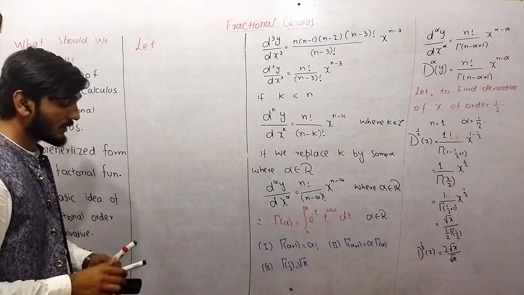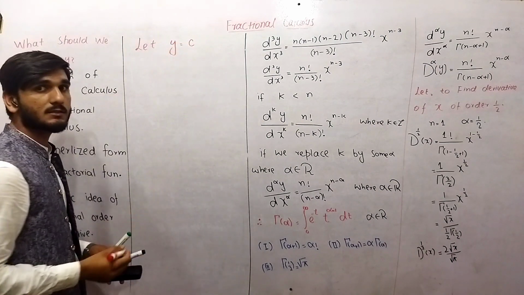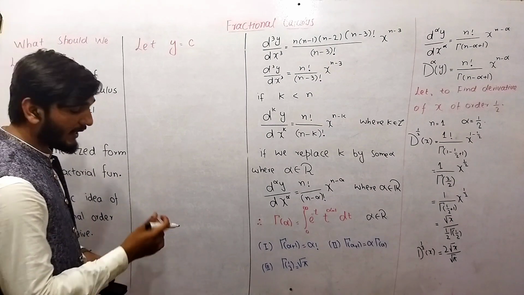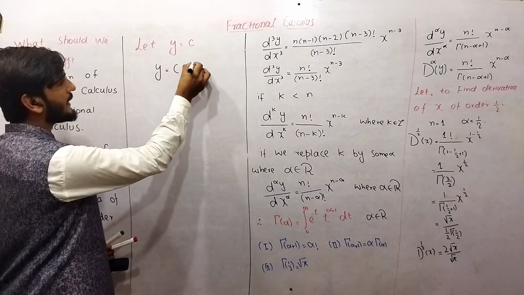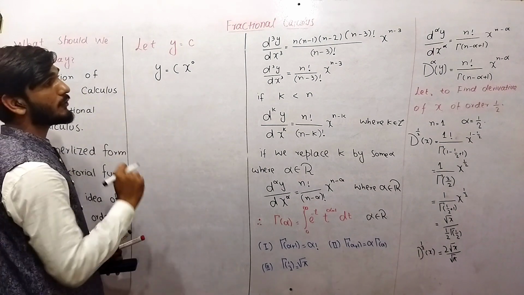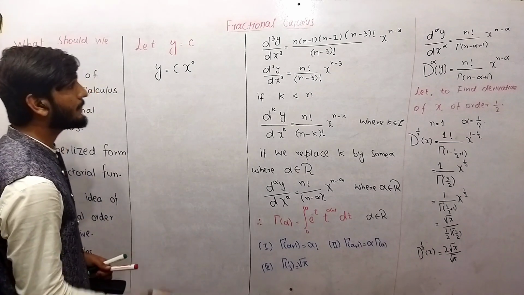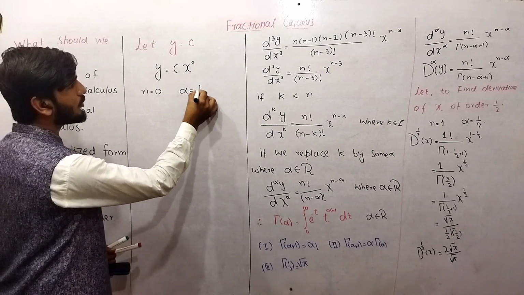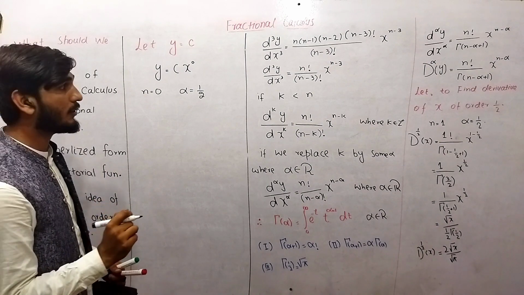Let me take a constant function to describe this. Let y be a constant function c, so we can write y equals c times x raised to the power 0. By using the formula of the fractional order derivative for the polynomial, here n is 0 and alpha is 1 over 2, as we are taking the derivative of half order.